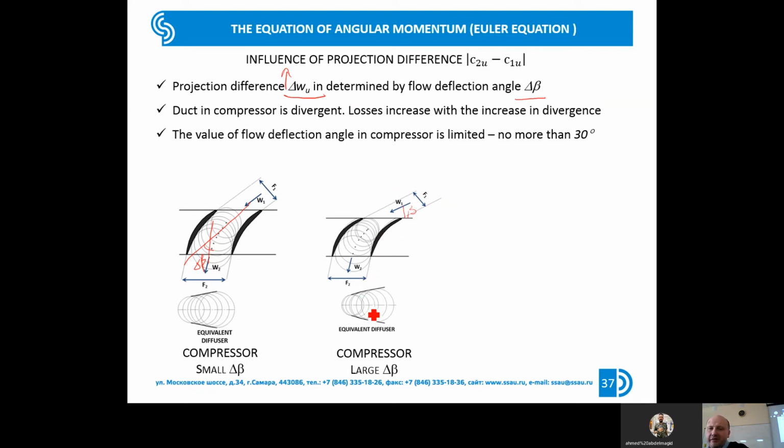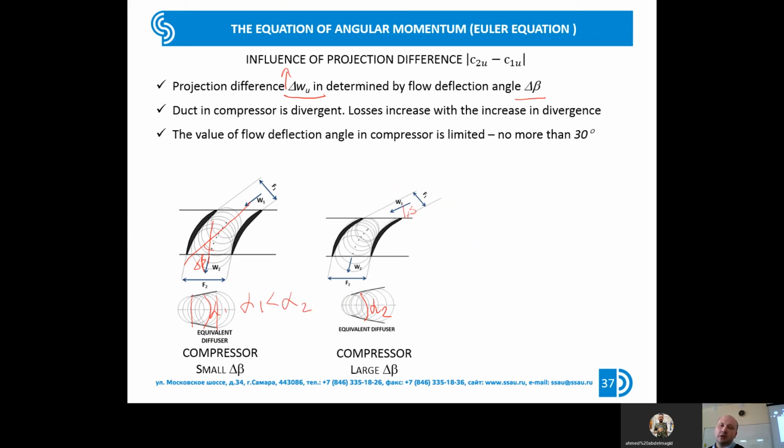If we look carefully, when you turn the flow more, you increase the diffuser factor. So finally, you replace this diffuser with a diffuser with a larger angle. This angle will be alpha 2, this angle will be alpha 1, and alpha 1 will be less than alpha 2.